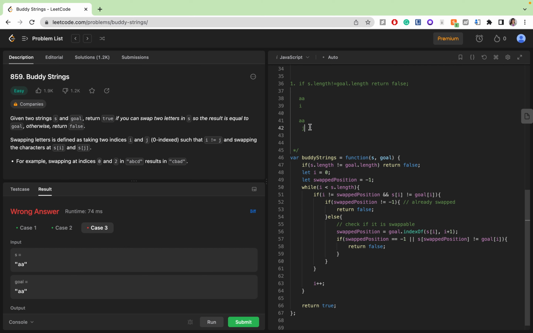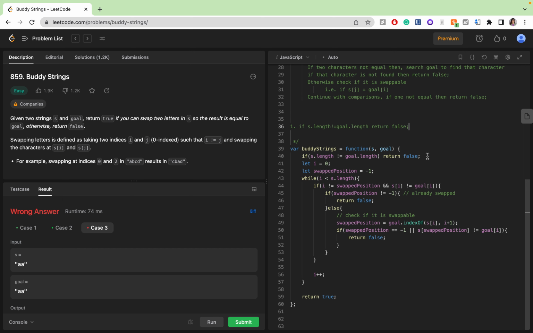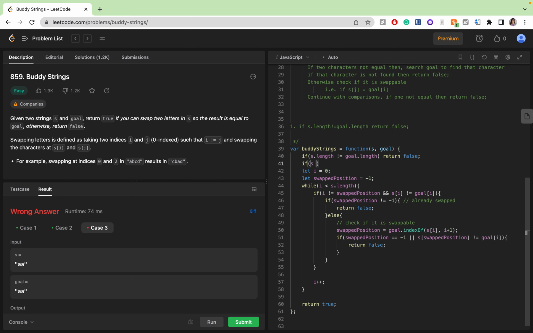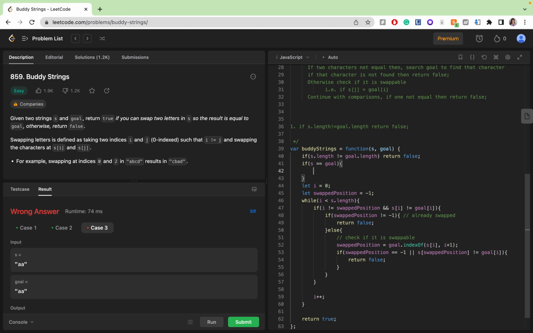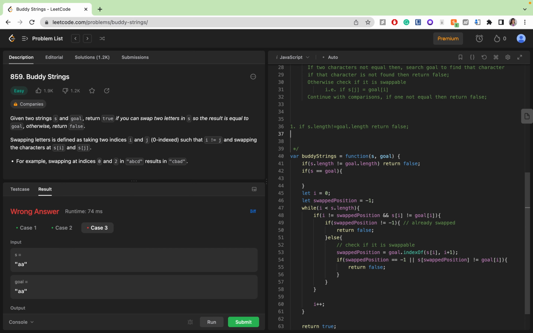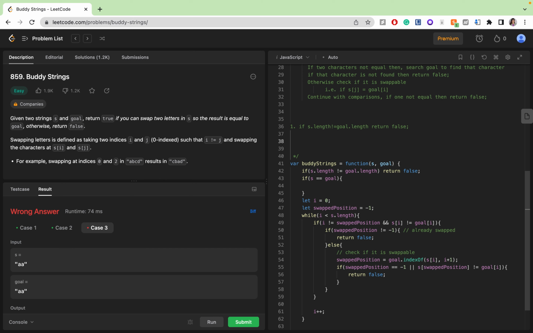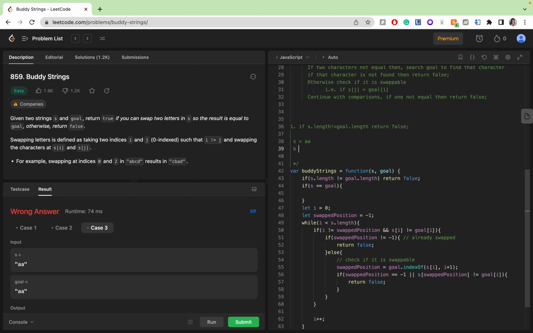I think that if it is exactly equal to goal, but still I'd be able to swap two letters.